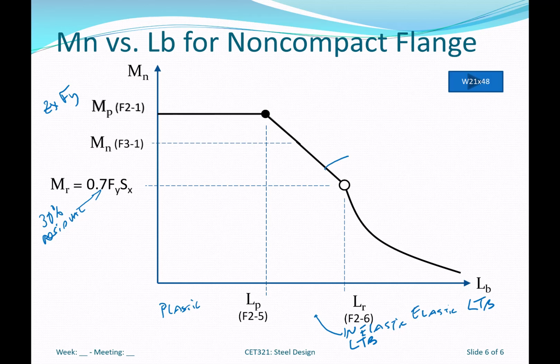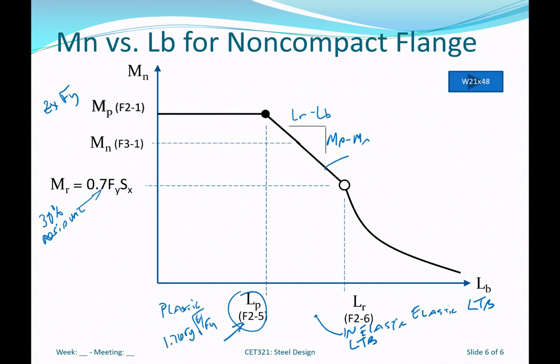And once we have that nominal moment capacity, before that we know the slope, right? We know the slope of this line is going to be, again, M sub P minus M sub R over L sub R minus L sub P. And remember, L sub P is that 1.76 r sub y square root of E over Fy, right? It's this equation F2-5.